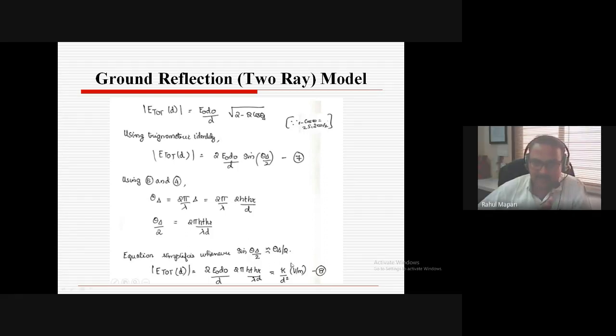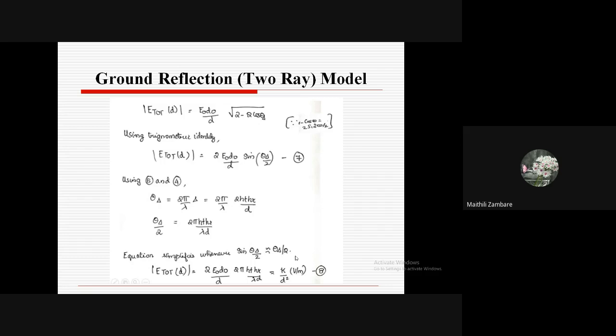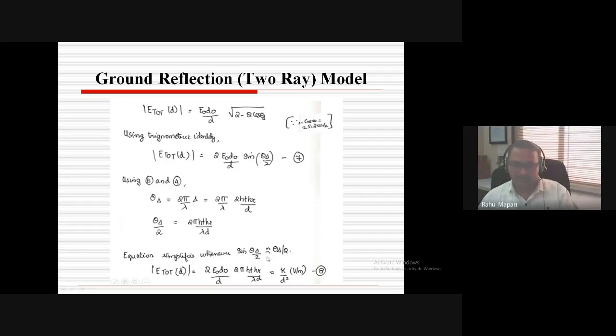Then this condition is true. Yes, sir. Okay. So you just vary these values. Theta by 2, if you vary this value and take the sine of it, it is approximately equal to that value. You just try it.